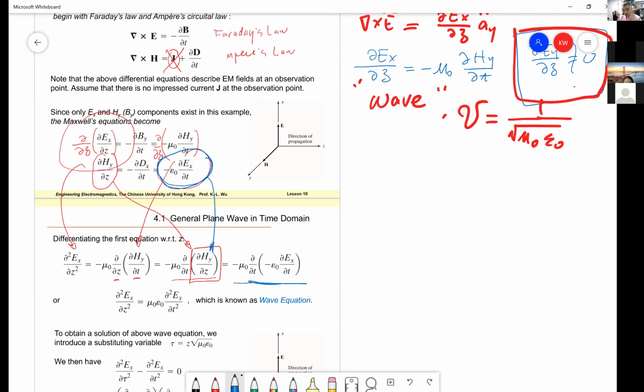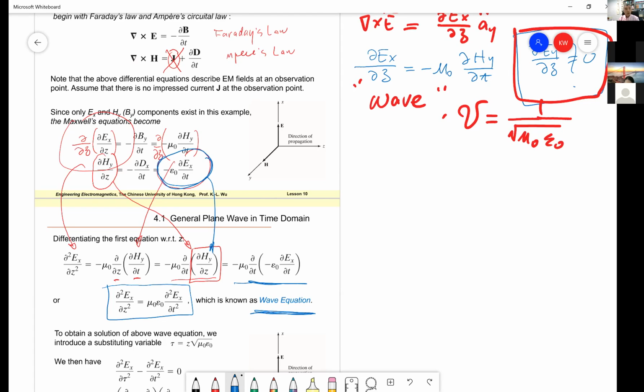I just reorganize it a little bit. We have this: a differential equation for the electric field only, a second order differential equation. This is a very well-known partial differential equation called the wave equation.